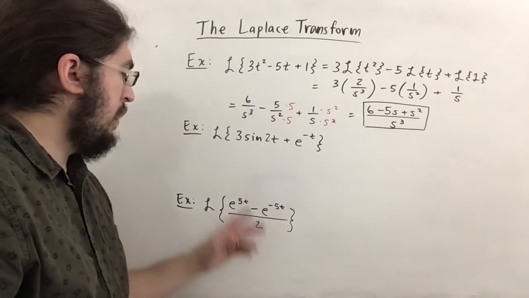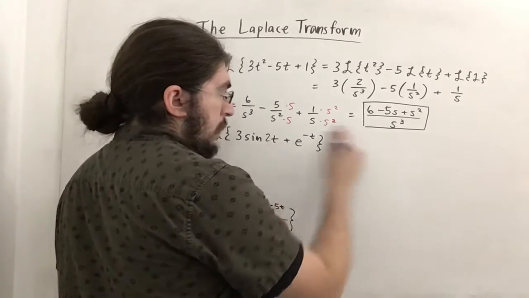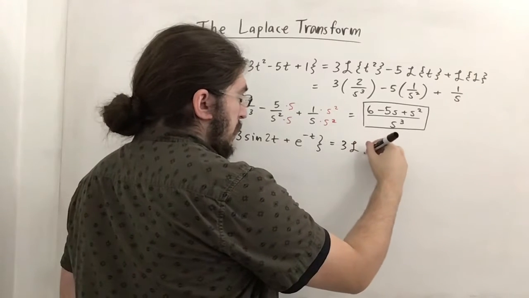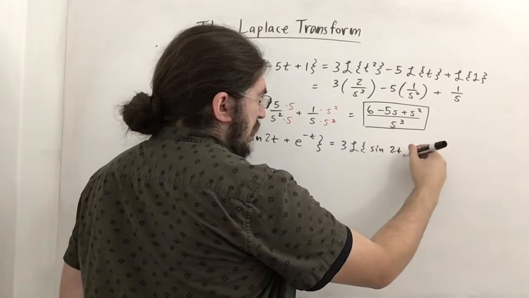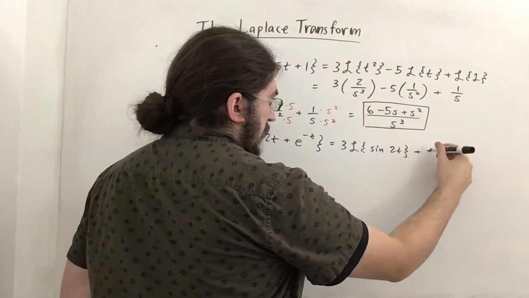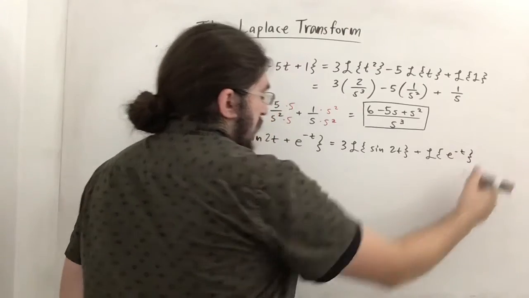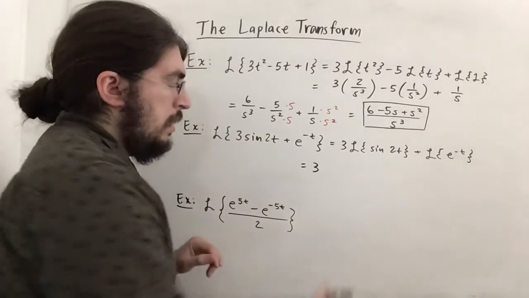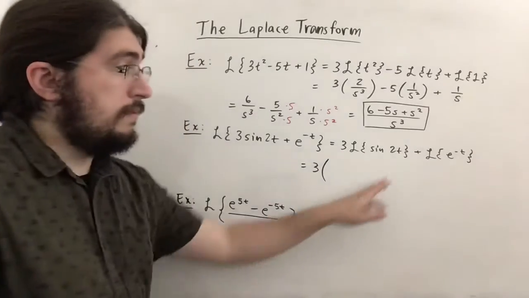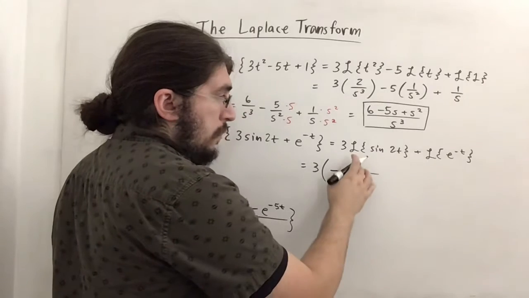For this one, very similarly, we can pull the 3 out when we split this up. So it's 3 times Laplace of sine of 2t plus Laplace of e to the negative t. If you don't remember the rules here, Laplace of sine had the coefficient of the argument on top, as opposed to cosine, which had the variable s on top.